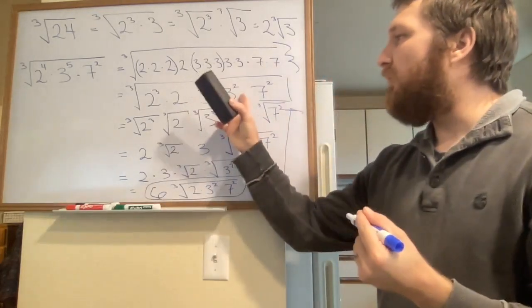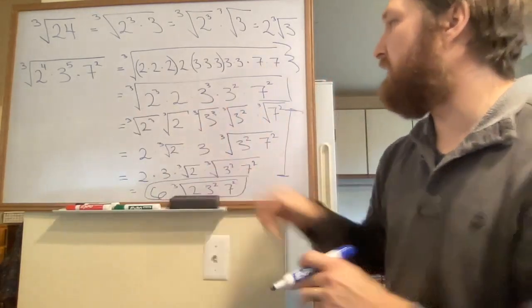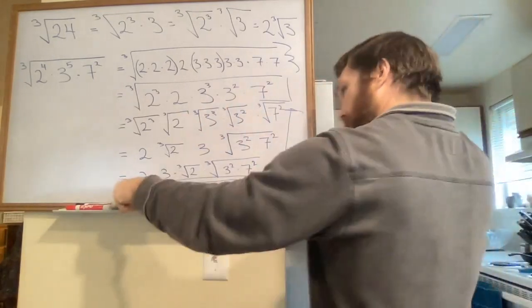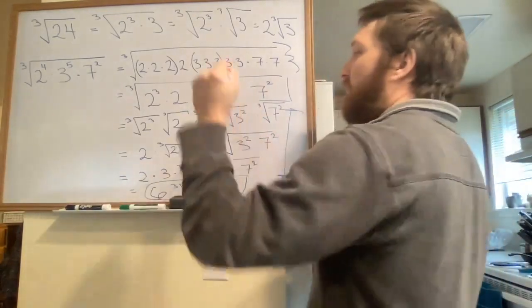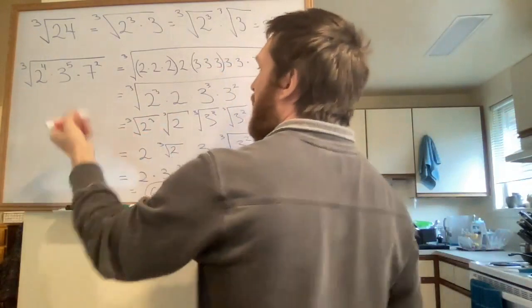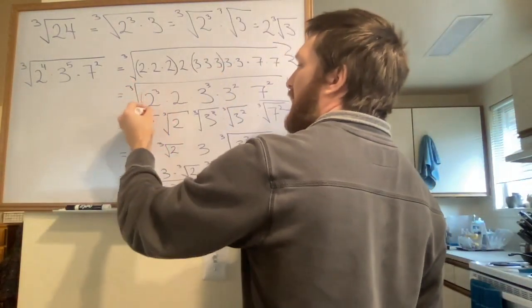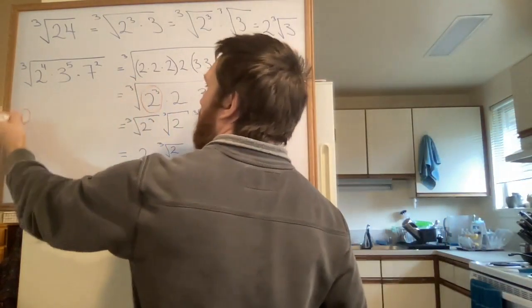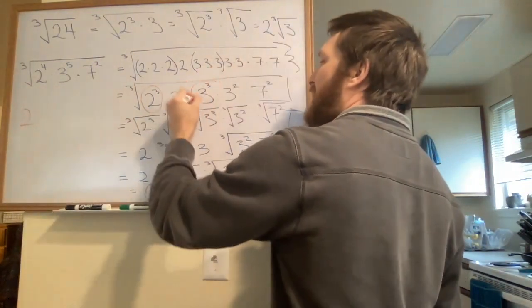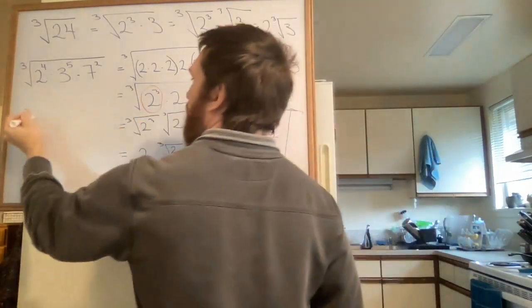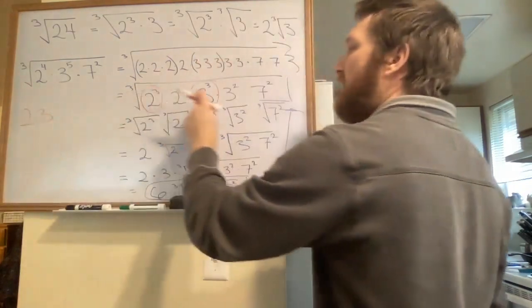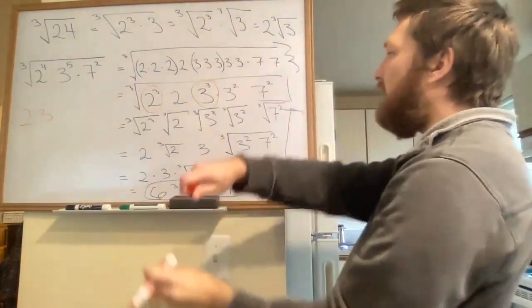So from this point right here, I would go ahead and say, and I'll do this in another color here, okay, this comes out as a 2. This comes out as a 3. And everything else, I can't pull anybody else out.